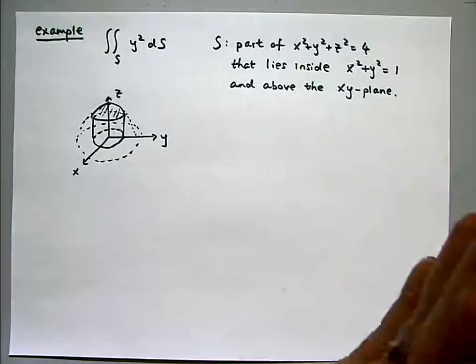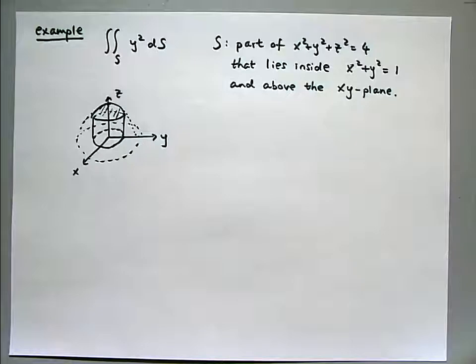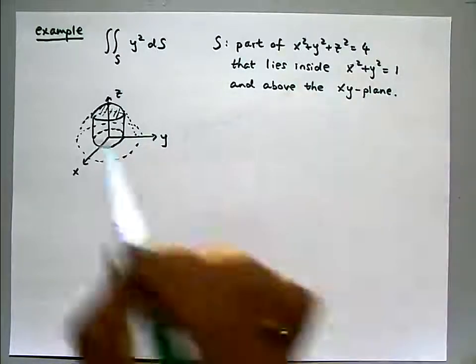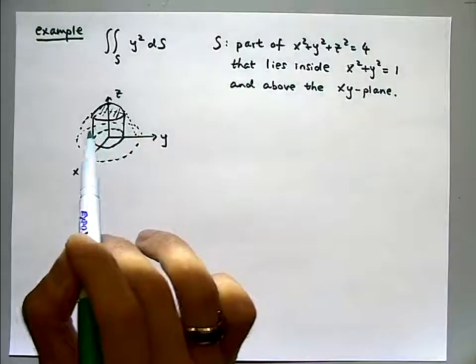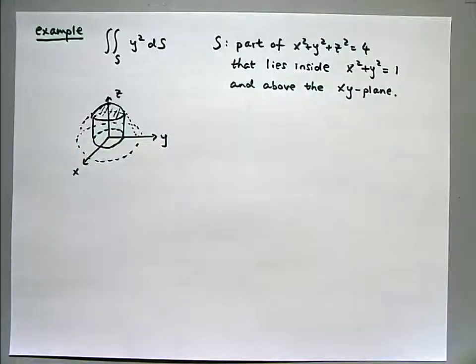Now it's nice you can visualize that, but like we saw in the previous example, as long as we can find a good way to parameterize that cap, it really doesn't matter if we can see it or not. Because what we're going to be doing next is just r_u cross r_v, du dv, and all that stuff. But because we can actually see what's going on here, it helps us in dealing with the situation and maybe decide on what coordinate system you want to go in.